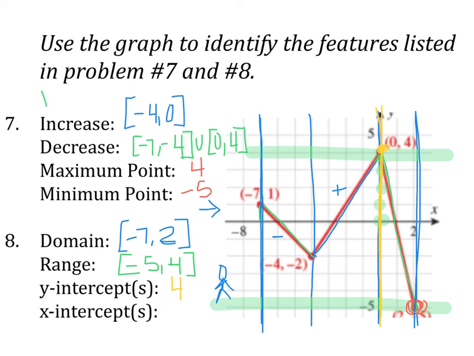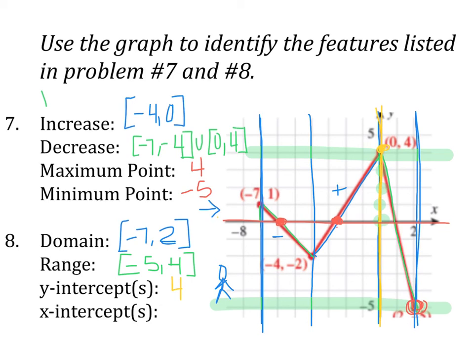And then our x-intercepts is where the graph crosses the x-axis. So in this case, the x-axis is here. We can see that the line crosses at that point and at that point. If we guess, we can make a real kind of loose guess. So one of the intercepts would be -2.